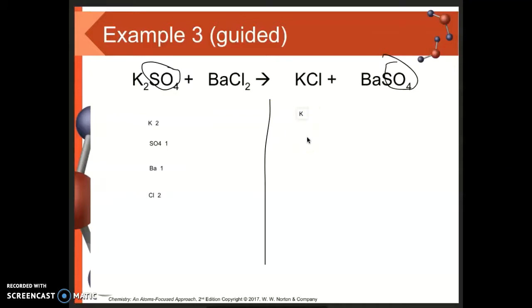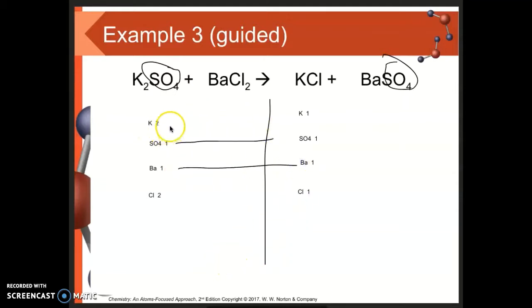And so if I follow this all the way through, one of the other nice things about double replacement reactions is that they're usually pretty easy to balance. You can see already, I've got 1 sulfate on each side, I've got 1 barium on each side.